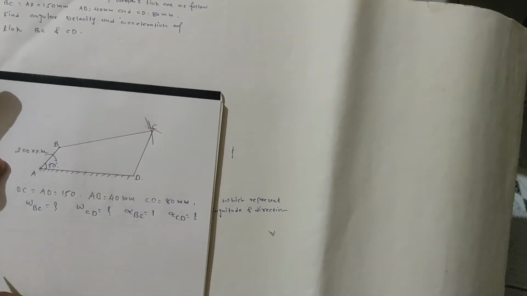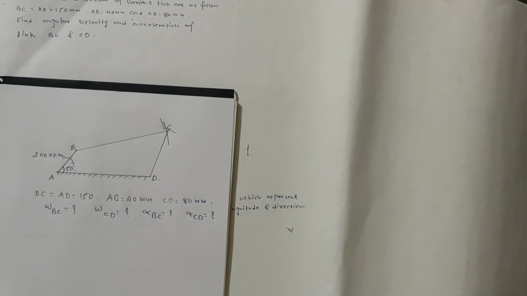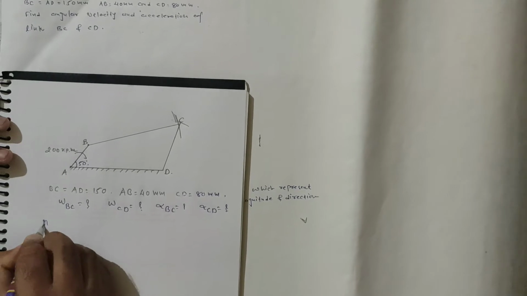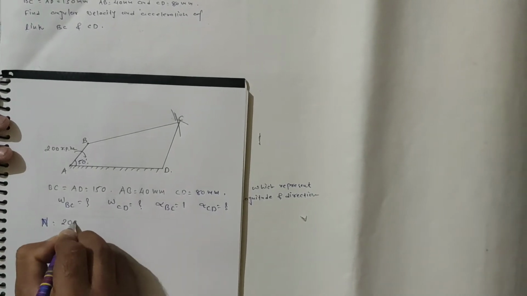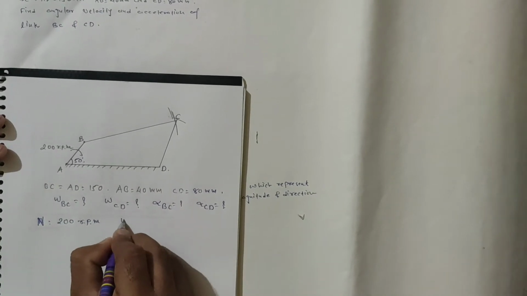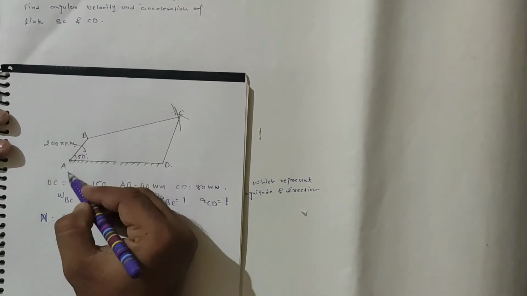So this is the data given. Now as per the data, N is equal to 200 rpm. From this we have to find the angular velocity for link AB.